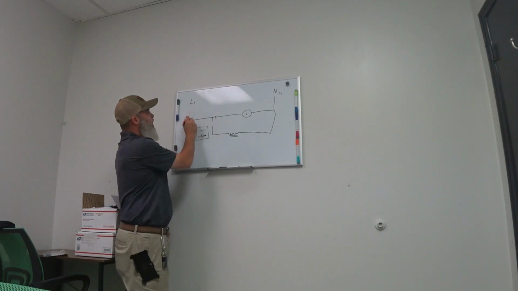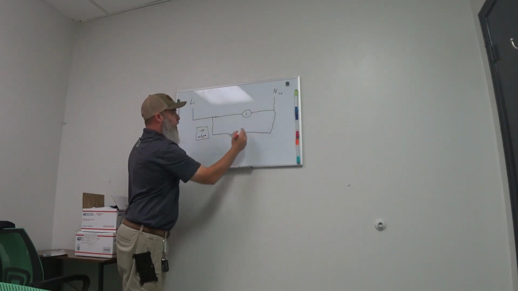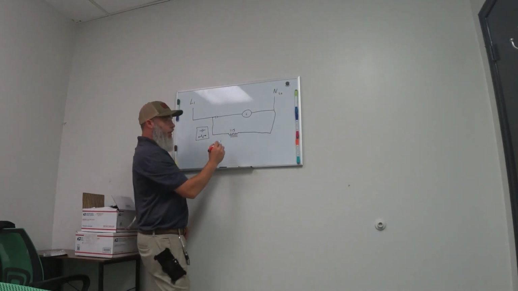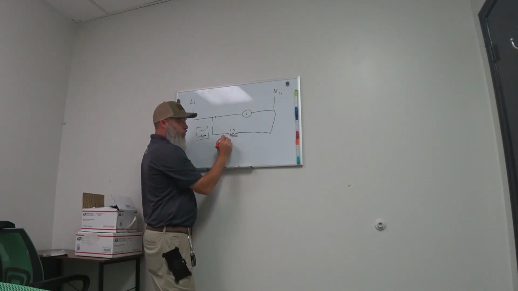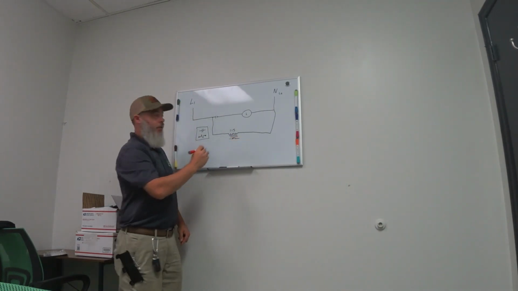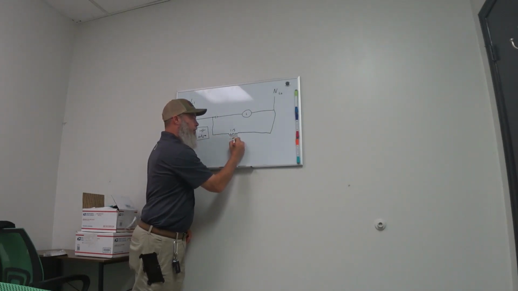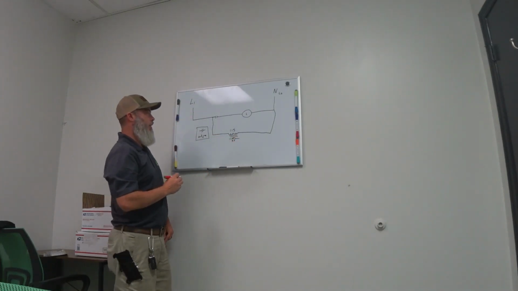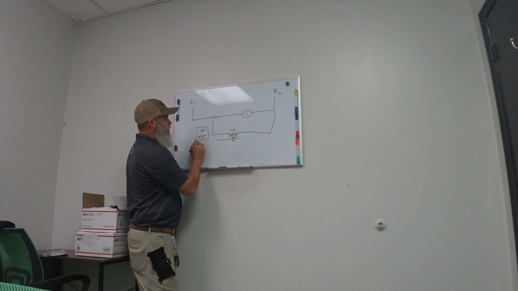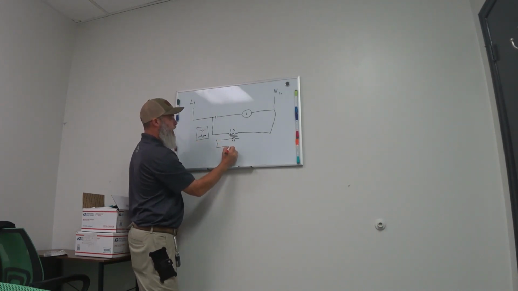So as you can see, we've got 115 volts going to this transformer. So then that is going to induce voltage into this smaller coil. And that smaller coil is going to give us 24 volts. And what we're going to do with that 24 volts is go to the coil of the contactor.